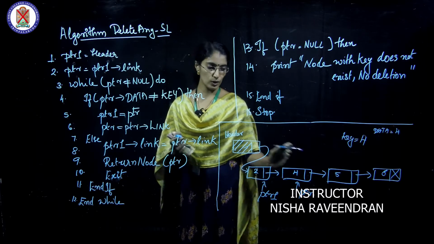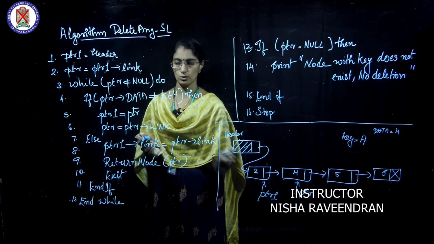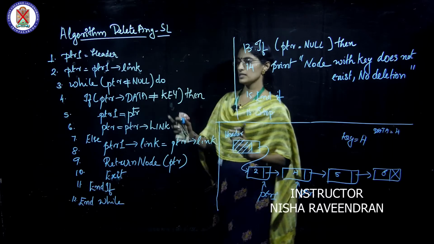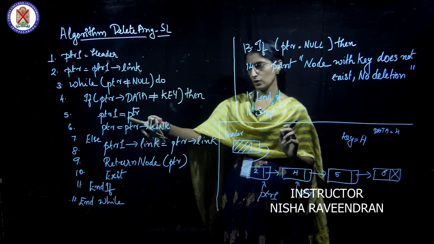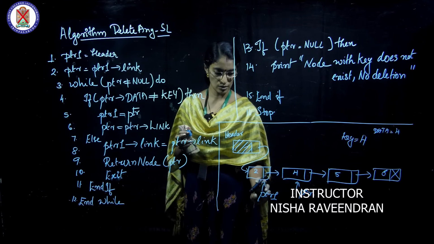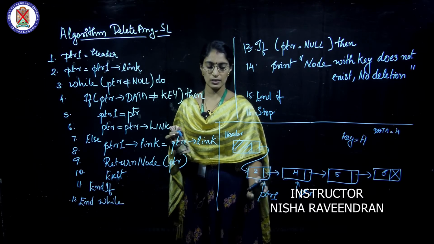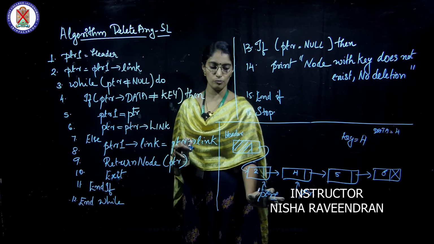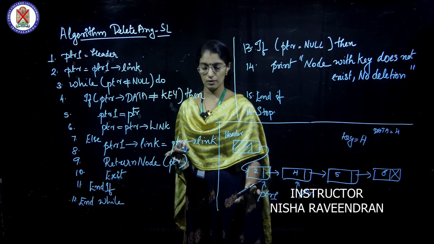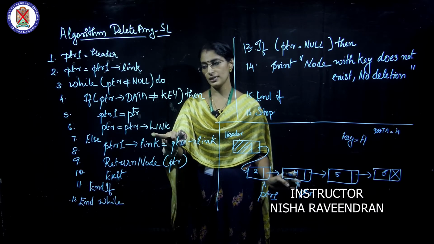While going forward, as I said in the previous algorithm, you also have to keep track of the previous node. So when the data part is not equal to the key value, you give the value of PTR to PTR1. Before incrementing, the same value of PTR is given to another variable PTR1, and then PTR is incremented using the statement PTR equal to PTR of link.